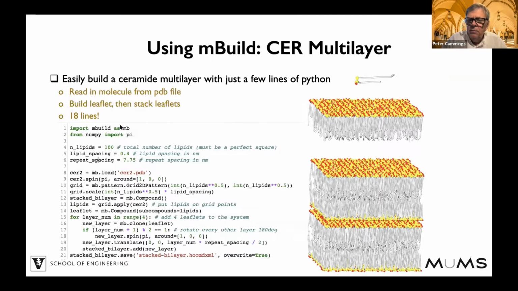This complicated system can be built in just 18 lines because you're abstracting up from things that have been done before, and so this hierarchical property of mBuild is extremely important. And again, it makes it reproducible.